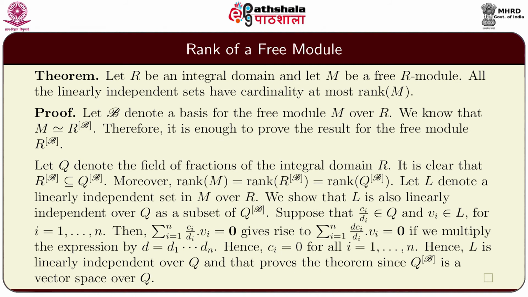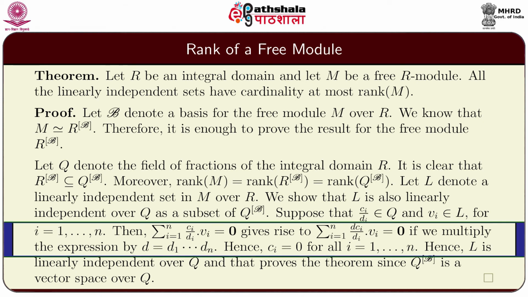Now, to prove that L is linearly independent over Q as a subset of Q ⊗ B, let us assume that c_i/d_i are elements in Q and v_i are elements in L for i equal to 1 to n, and suppose that the summation i equal to 1 to n of c_i/d_i times v_i is 0.